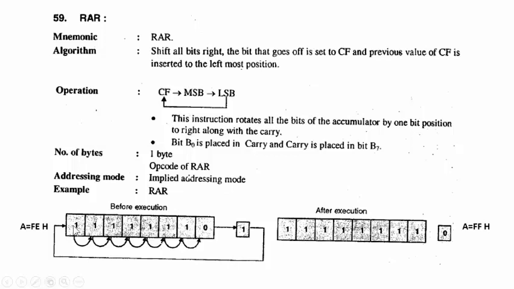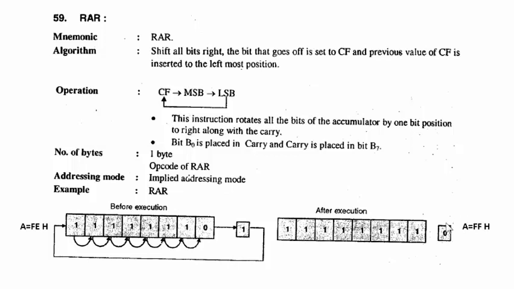As I said, for a single execution of the rotate right operation, the D7 bit goes to location D6, D6 bit gets shifted to D5, 5th to 4th, 4th to 3rd, 3rd to 2nd, 2nd to 1st, and 1st bit to the D0 location, D0 bit to the carry flag bit, and the carry flag bit to the D7 location. So this is nothing but rotate accumulator content right through carry.